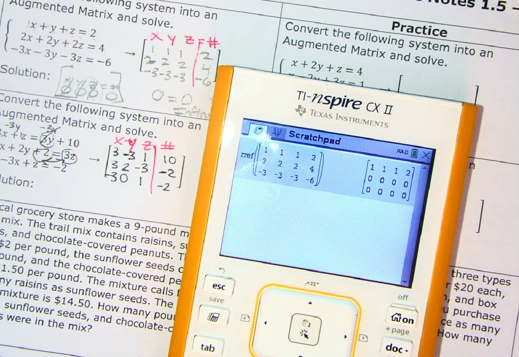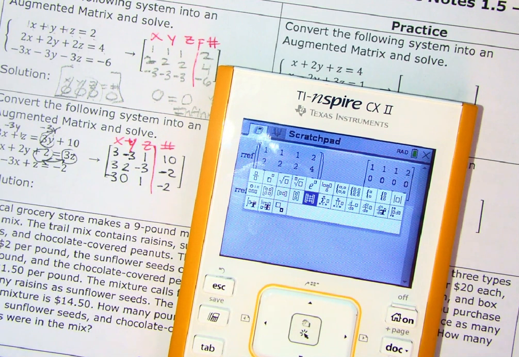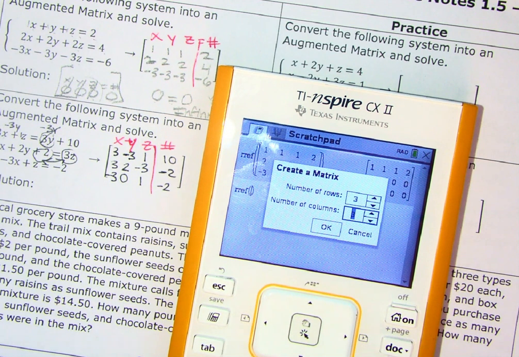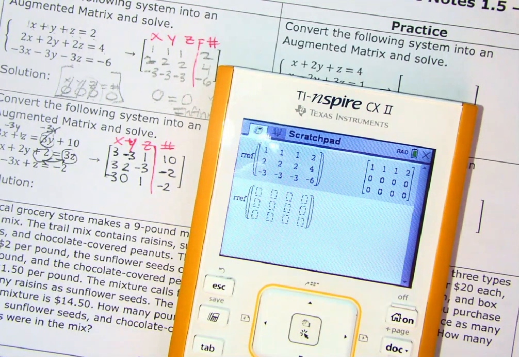So RREF, parentheses, matrix, 3 by 4. And we put 3, negative 3, 1, 10; 3, 2, negative 3, negative 2; negative 3, 0, 1, negative 2.